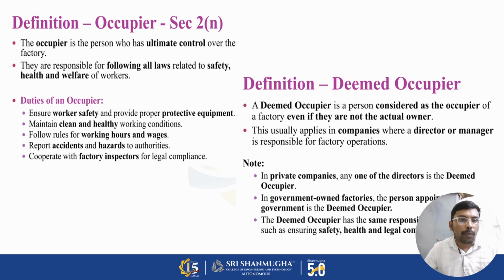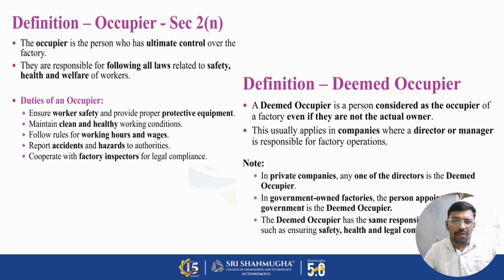Next, they must maintain clean and healthy working conditions inside the factory, and follow the rules for working hours and wages, which is 48 hours per week. They must also report accidents and hazards to the higher authorities, and cooperate with the factory inspectors for legal compliance. These are the duties of the occupier under Section 2(n).